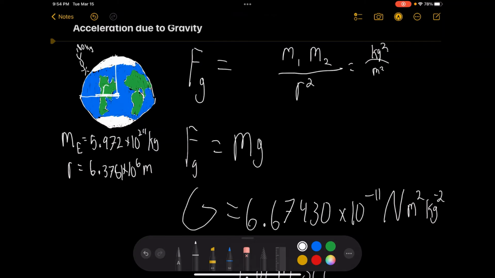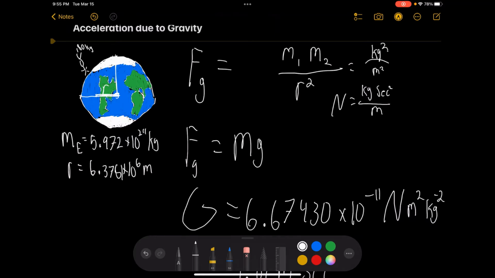But in reality, that's not actually a force unit. A force unit, otherwise known as a Newton, is going to be equal to kilograms times meters divided by seconds squared. So how exactly do we make kg squared over m squared equal kilogram meters over seconds squared?